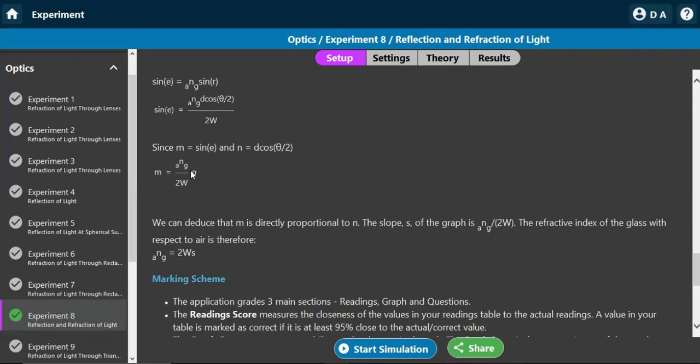What this means is the slope of this equation is the refractive index divided by 2W. So if I want to calculate the refractive index, I'll just multiply the slope by 2W. Basically 2WS is equal to the refractive index of the glass. So if you calculate your slope and multiply by this value, you are going to get the refractive index of the glass.